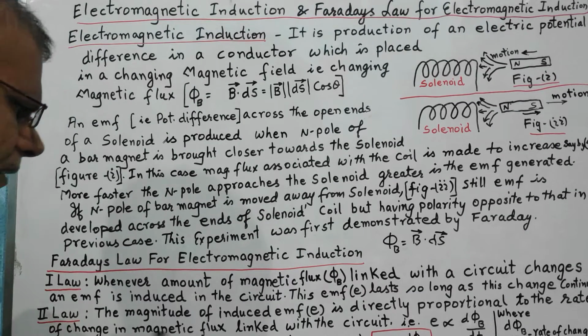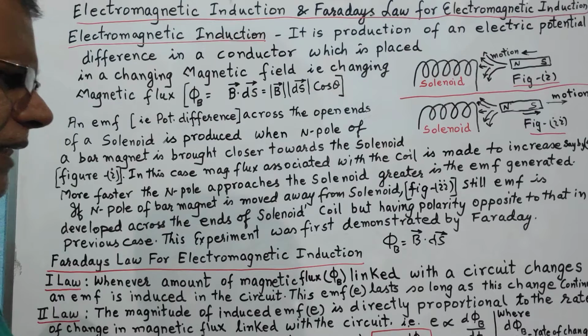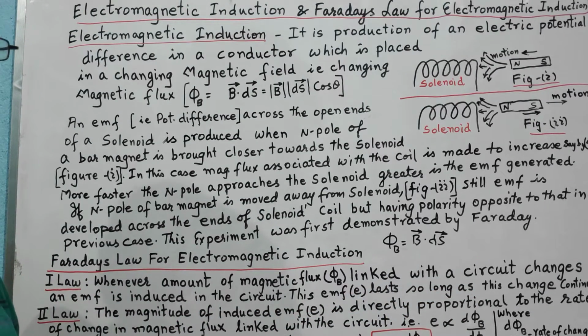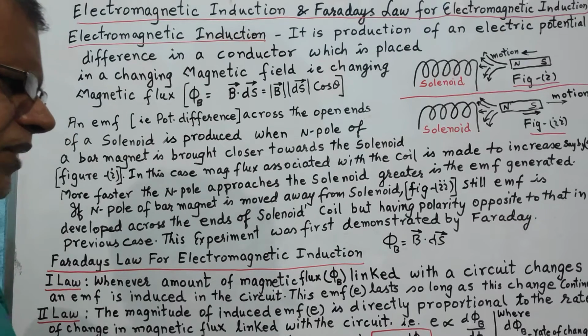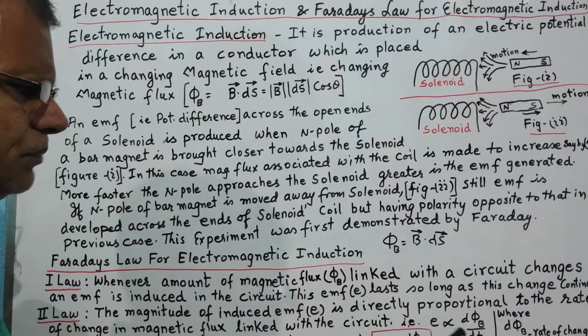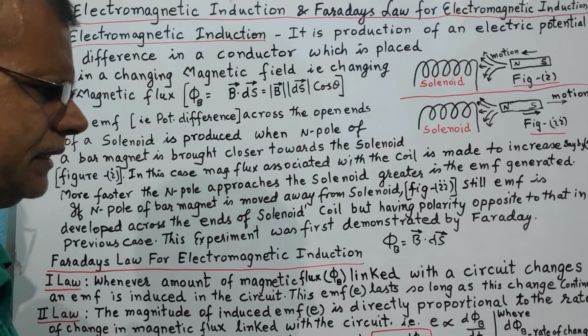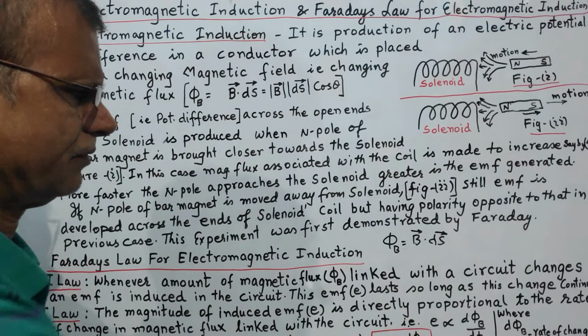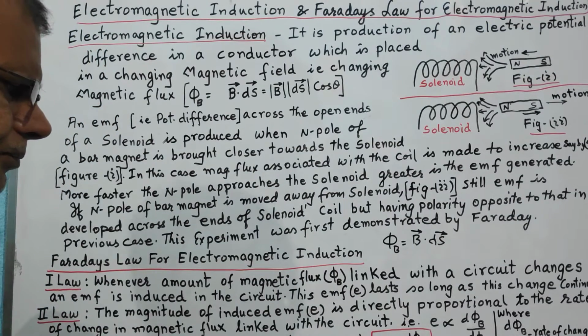The second law is that the magnitude of the induced EMF is directly proportional to the rate of change in magnetic flux associated with the circuit, and therefore we can write EMF is proportional to d phi B by dt. d phi B by dt is the rate of change in magnetic flux.